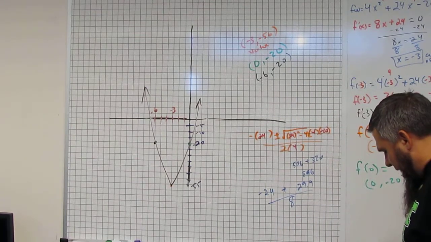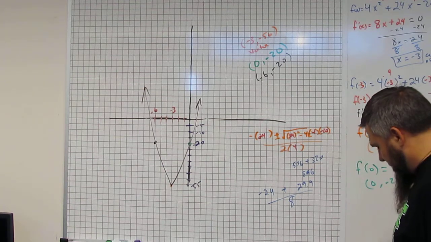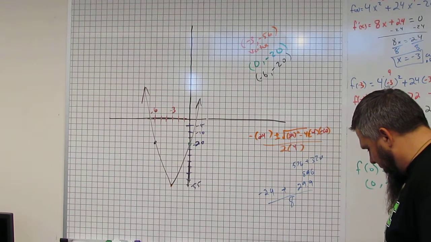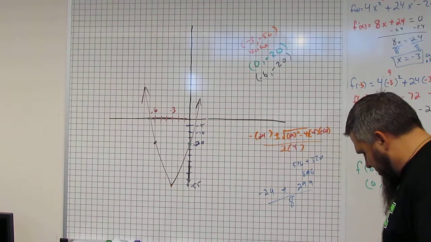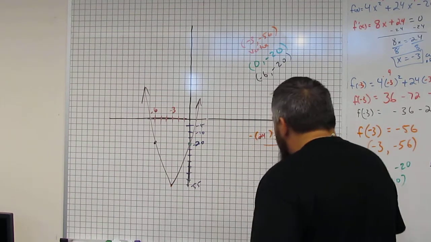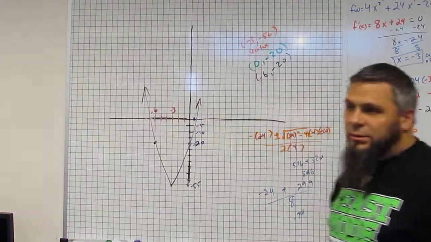So I'm going to add negative 24, equals, and then divide by 8. And that's 0.74. So that's about 3/4. So about right there. Okay?